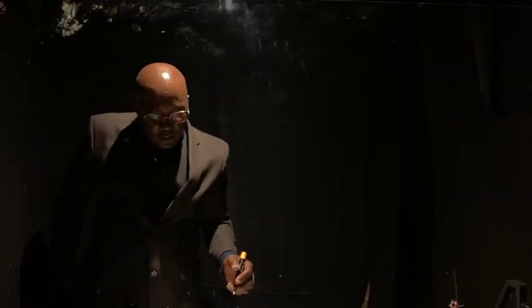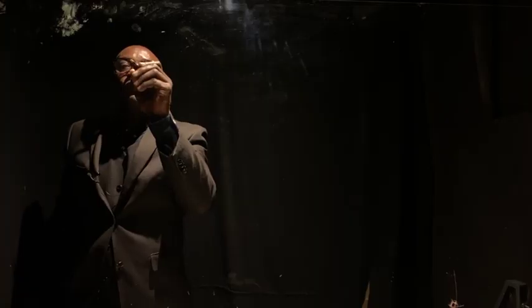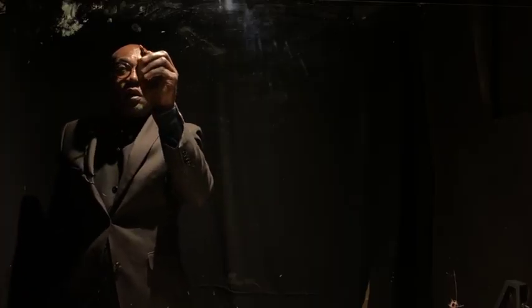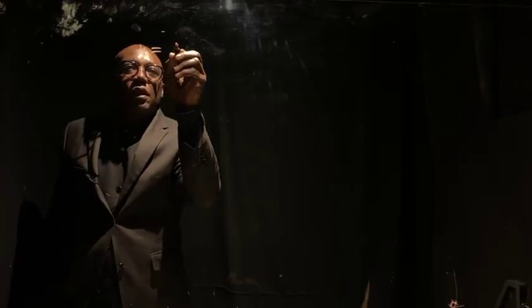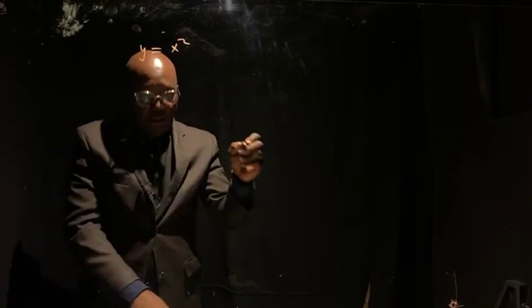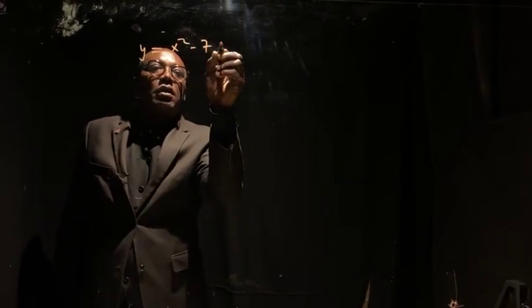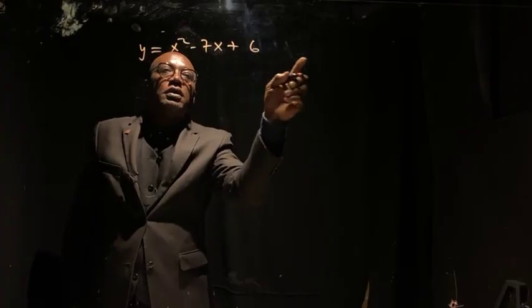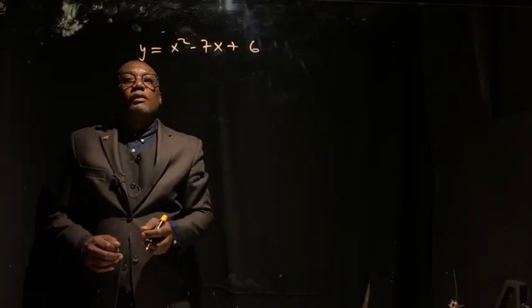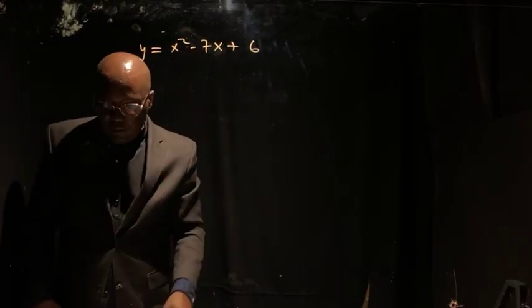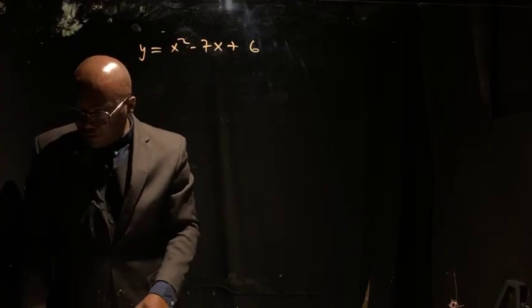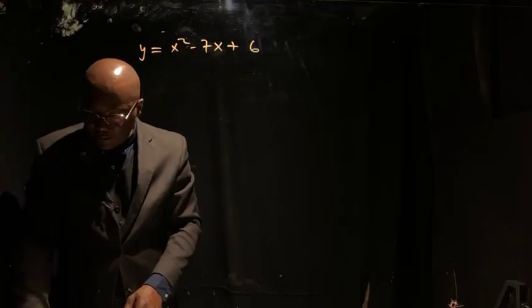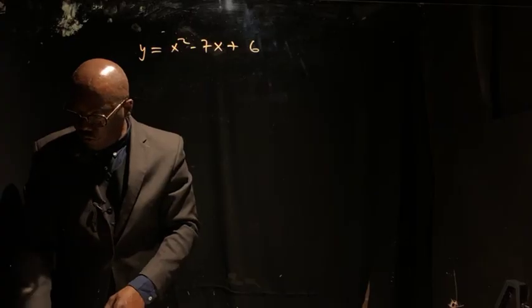Now, these are the two curves. The first one is y equals s squared minus 7x plus 6.